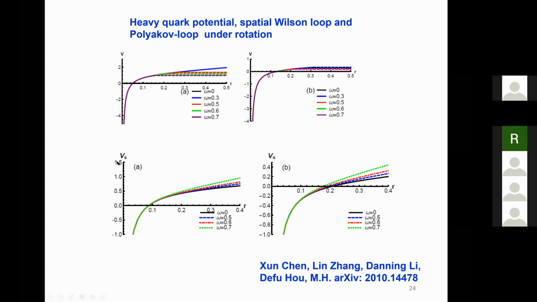And the spatial part of the Wilson loop increases with the angular velocity. This spatial Wilson loop actually describes the linear confinement, so this is a spatial confinement.